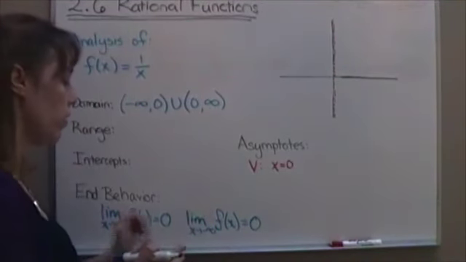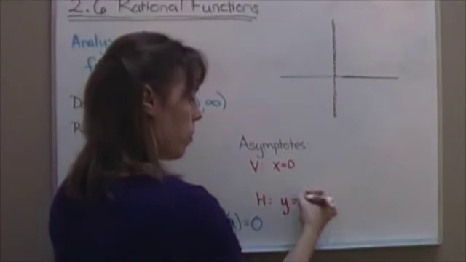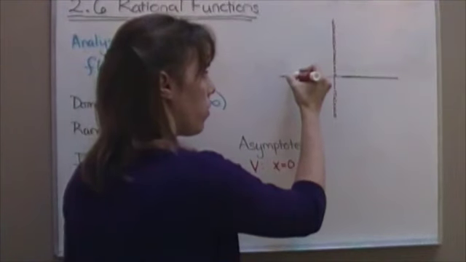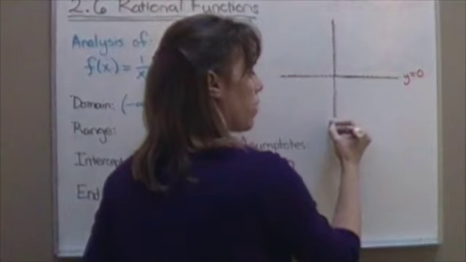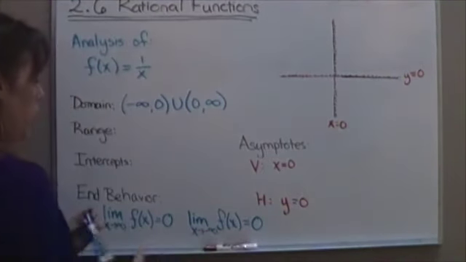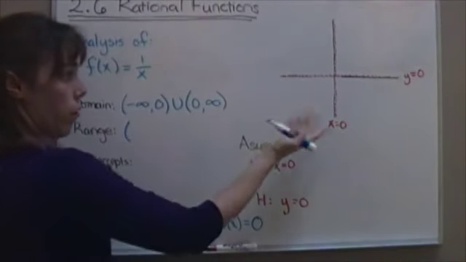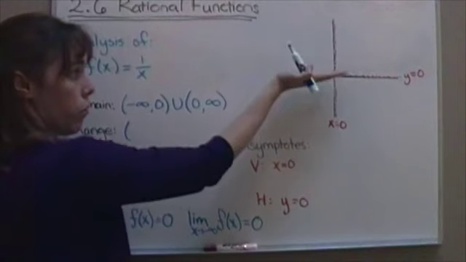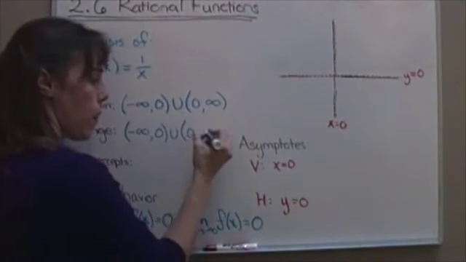Okay, so it looks like I have a horizontal asymptote at y equals 0. I'll draw that on the graph. This is the one at y equals 0. This is the one at x equals 0. Okay. Now, that means I can fill in my range, which was from negative infinity up to 0, and then 0 to infinity.